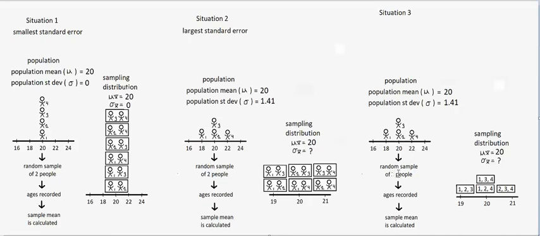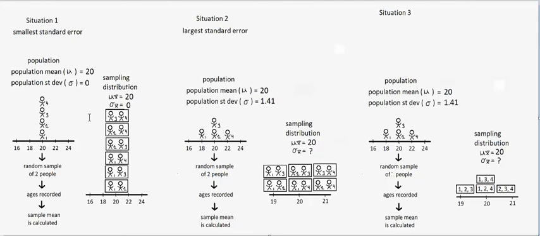So 3 people are being selected instead of just 2. And with a bigger sample size, the standard error goes down. So overall, the standard error is affected by the amount of dispersion in the population and the sample size. When the population has more dispersion, the standard error goes up, and when the sample size goes up, the standard error goes down.